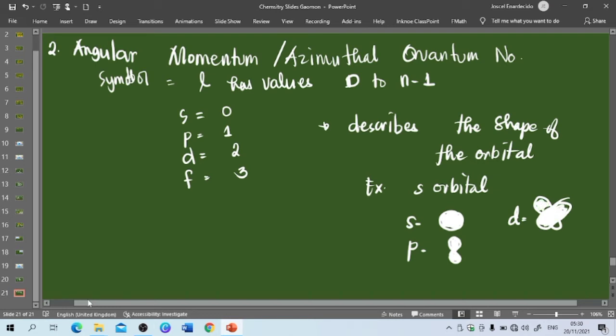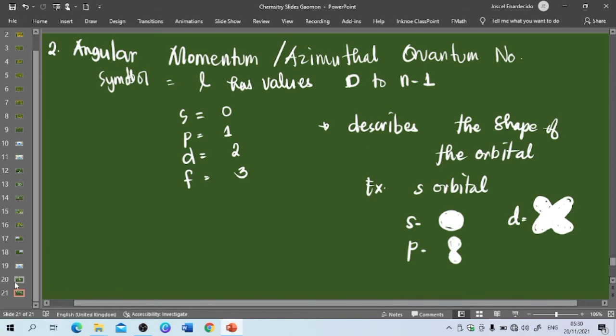And a much more complicated clover leaf shape determines the orbital of the F orbital. So these are some of the examples of the shape of the orbitals.